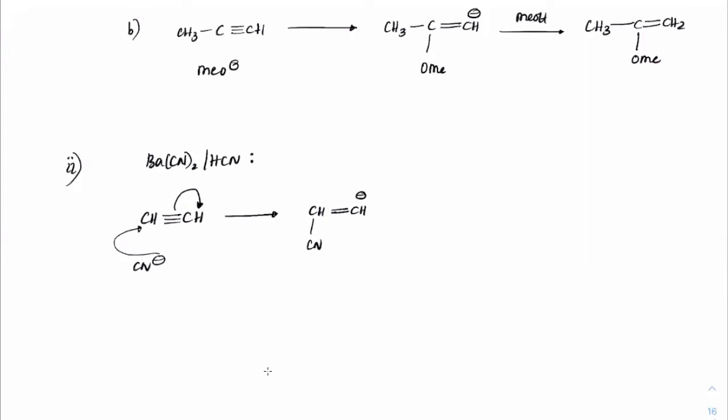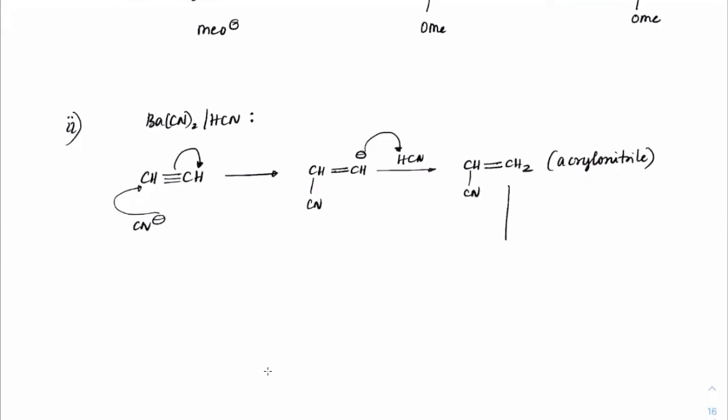Once you get this from HCN, it will pull the proton and form CH, CN, double bond CH2. You can see this is called acrylonitrile. Once you get acrylonitrile, it can undergo polymerization.